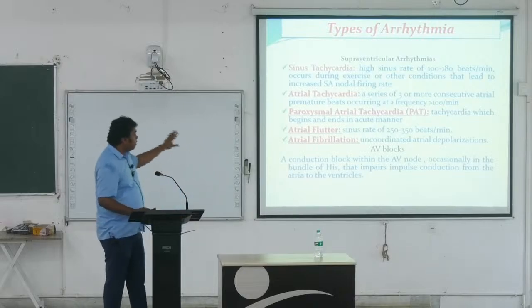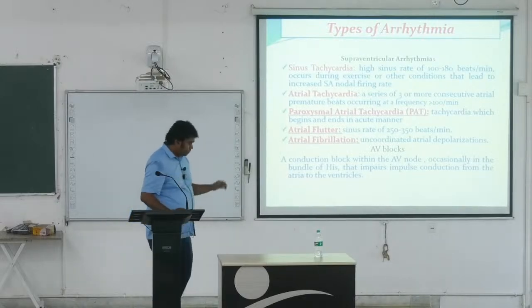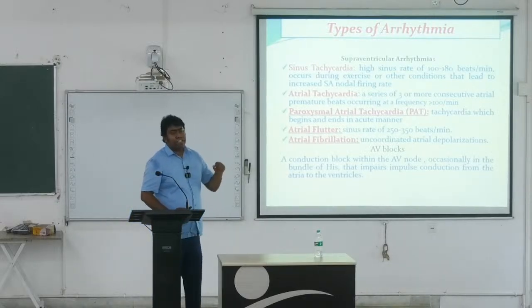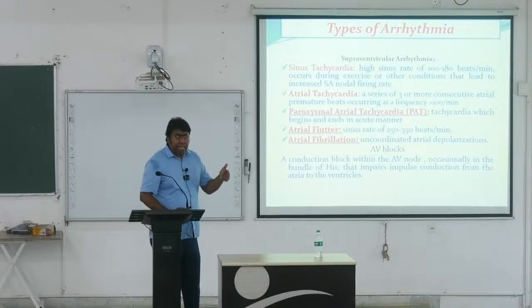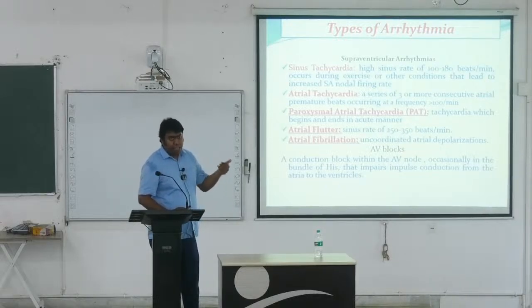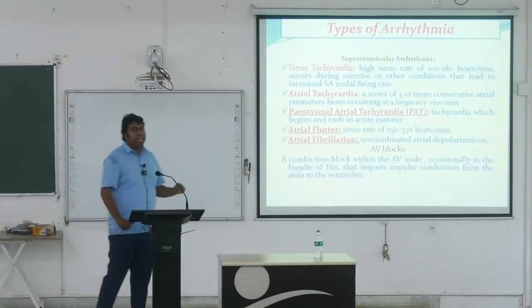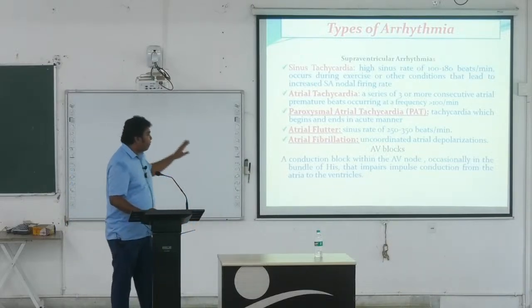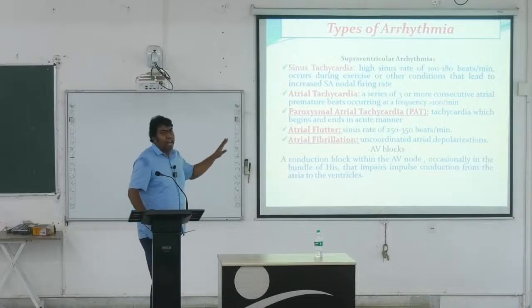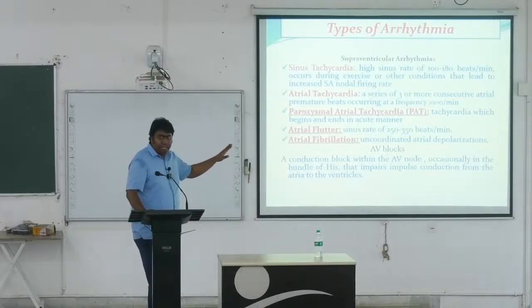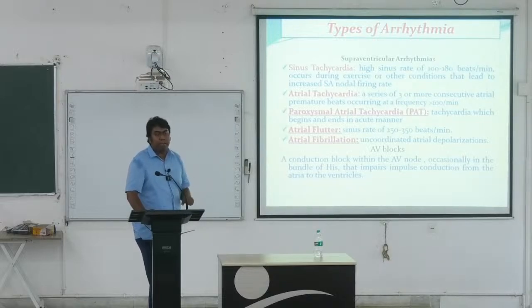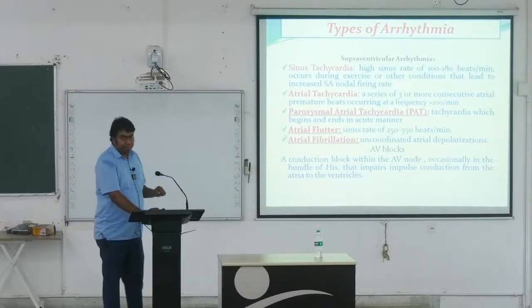Next is paroxysmal atrial tachycardia. Here also this is atrial tachycardia, but it appears suddenly, paroxysmal, acute onset. Then atrial flutter and atrial fibrillation. Atrial flutter, its heart rate is 250 to 300 per minute and it produces a sawtooth appearance in ECG.